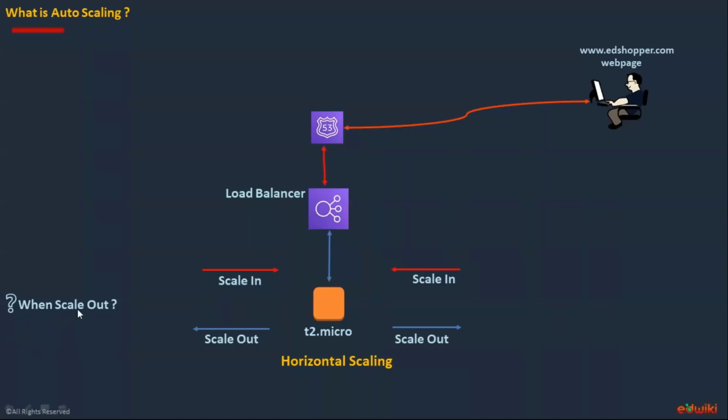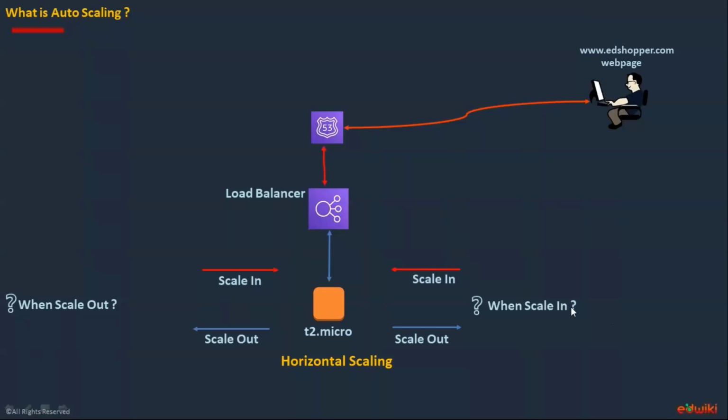How does AWS know when it has to do the scale out? On what basis will AWS be taking a decision when the scale out has to be done? That means when it has to create one more server automatically, it is taking the help of CloudWatch metric, right? And how does it know that the scale in has to happen, that means the server has to be terminated?